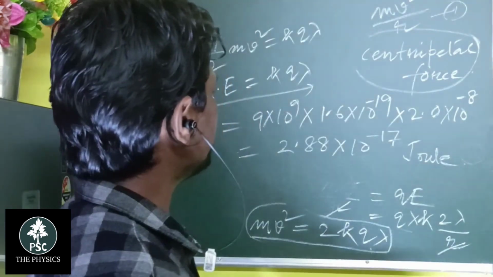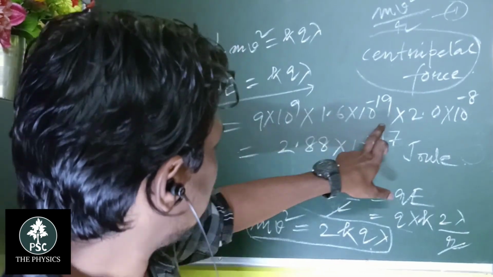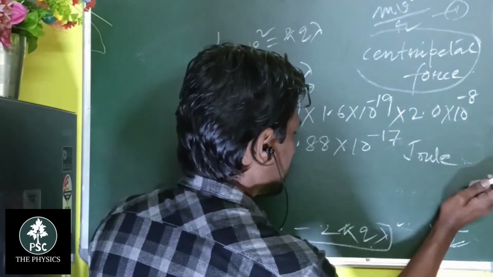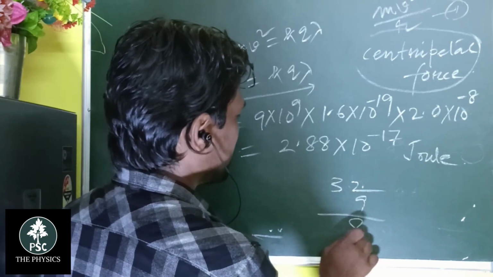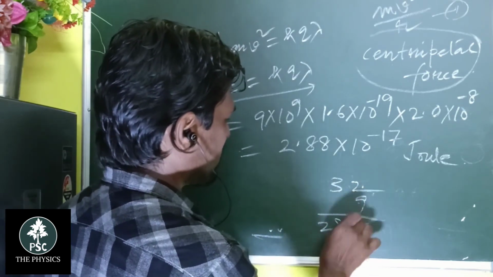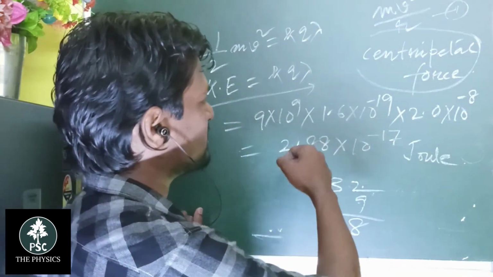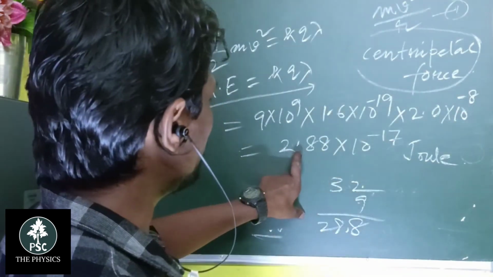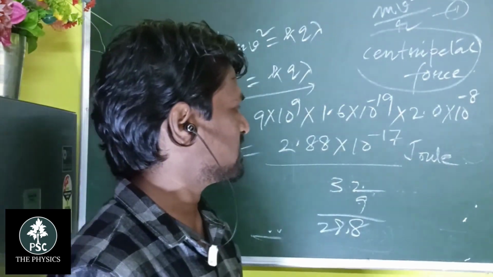2.88, students: 1.6 into 2 means 3.2, and 3.2 you multiply by 9, which gives 28.8, and so when you place 2.88, it takes the form 2.88 into 10 to the minus 17.